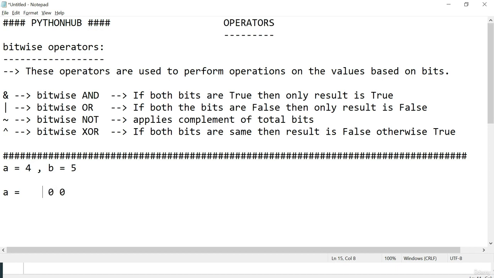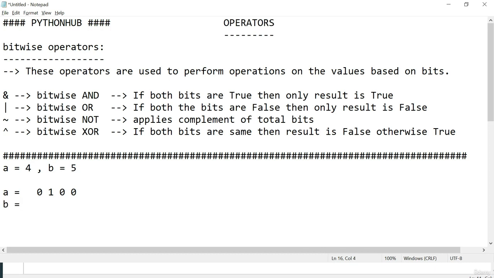For 2 power 2 it is 1, because 2 power 2 is 4. Then again it is 0. So 4 in binary format is 0100.